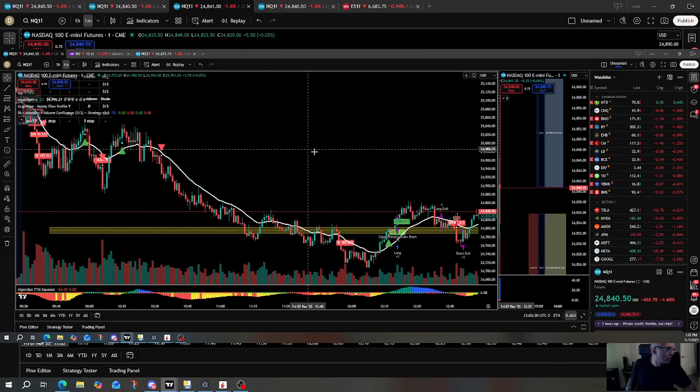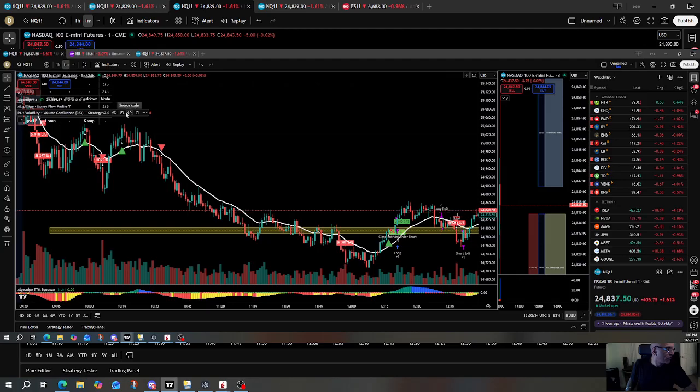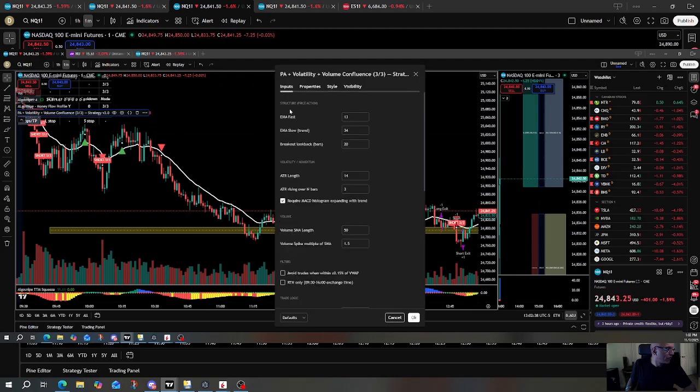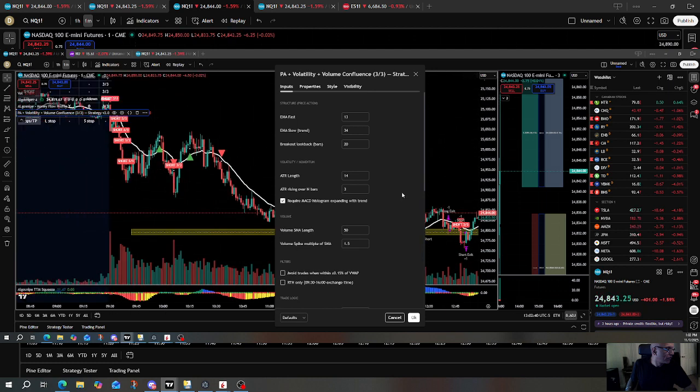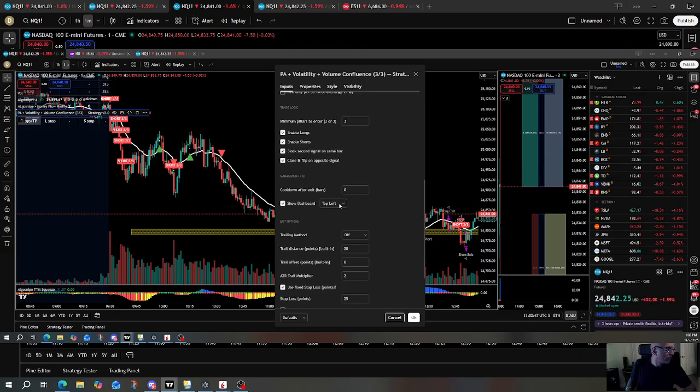Okay. So let's go over the settings I wanted to use. The settings on this indicator, I will put them in the chat as well. These are all the settings that it normally comes with. What I'll do is, on the weekend the settings that I'm gonna give you will be preset, so you don't have to change anything.